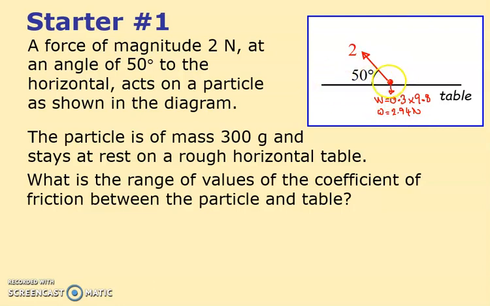Don't be fooled, by the way. This is going to need to be resolved. I know it goes up there, but we are going to work horizontally and vertically. And so horizontally, this becomes 2 cos 50. And you should know how to resolve it. And I'm going to draw two forces going up. One of them is 2 sine 50, because it's not only pulling left, it's pulling up as well.